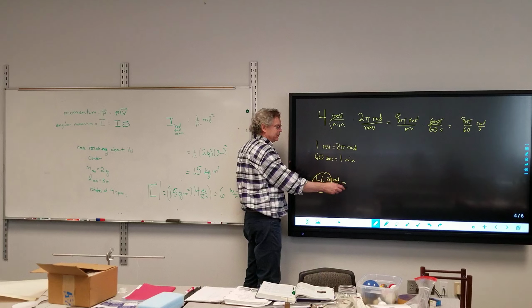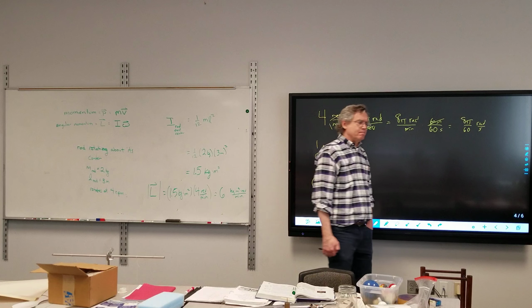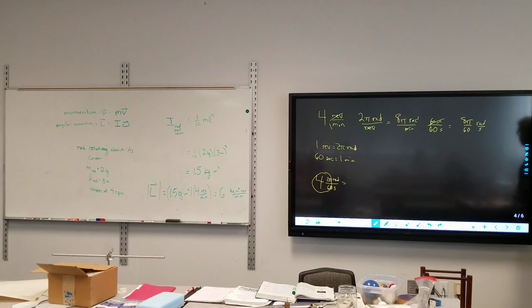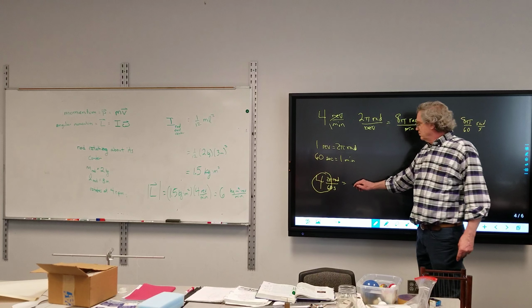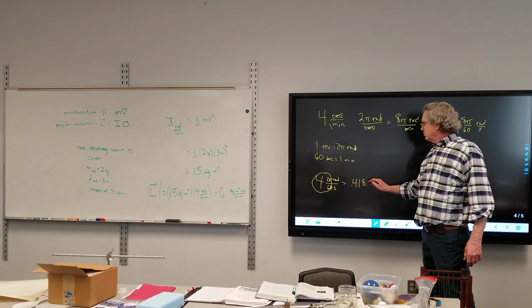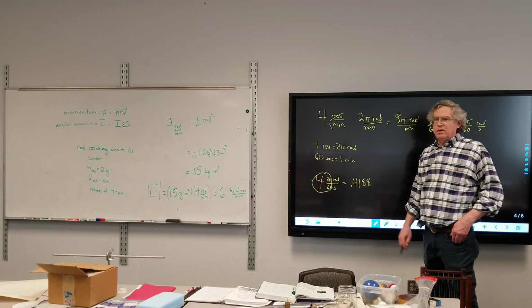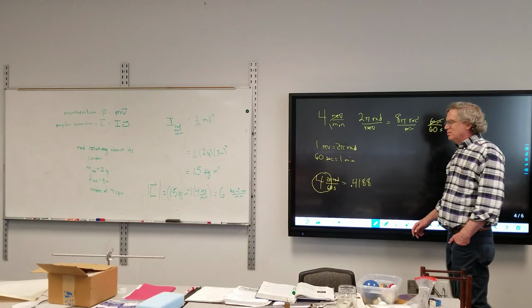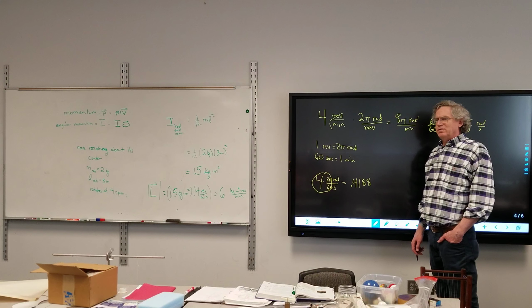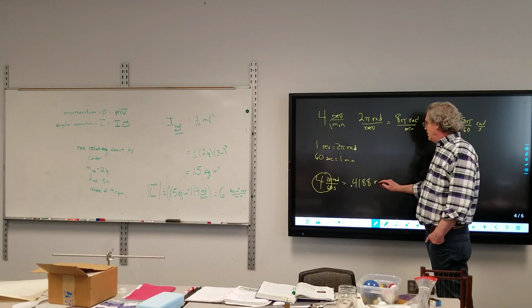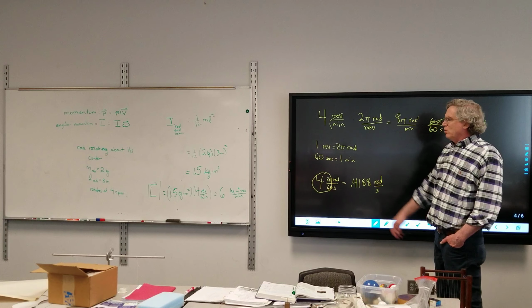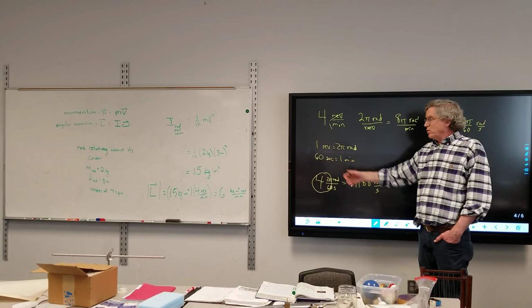And what is that? The 8 pi divided by 60, it's 0.4188. Units? Radians per second. There we go. So now we can get standard units over there.